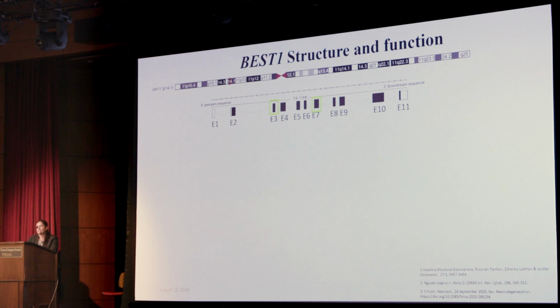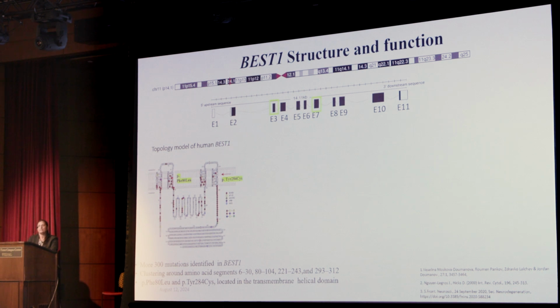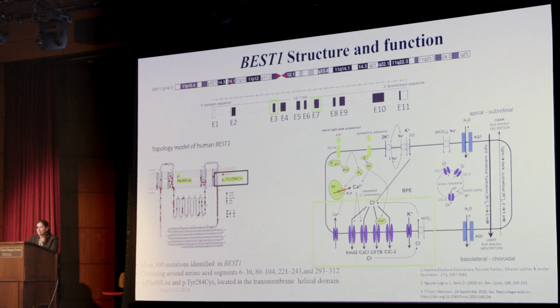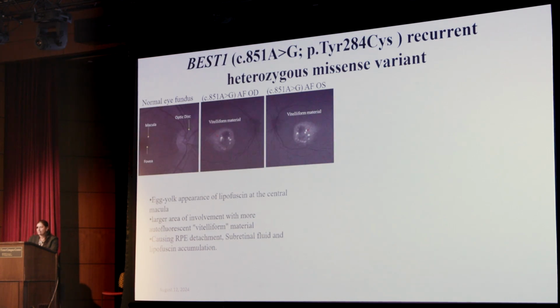The gene is located on chromosome 11. It has 11 exons, and the variants which we are currently working on at CHLA are on exon 7 and exon 3. So the rest of my talk will focus on the tyrosine to cysteine change at position 284. This protein is involved in a chloride channel, which is activated by calcium.